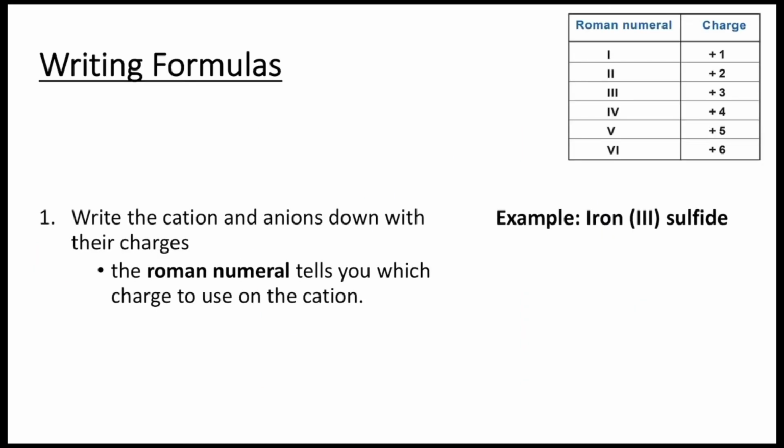So writing formulas. Write the cation and ions down with their charges. The Roman numeral tells you which charge to use on the cation. So for example, iron 3 sulfide means that iron 3 is iron 3 plus, and sulfide we determined from the periodic table to be 2 minus.